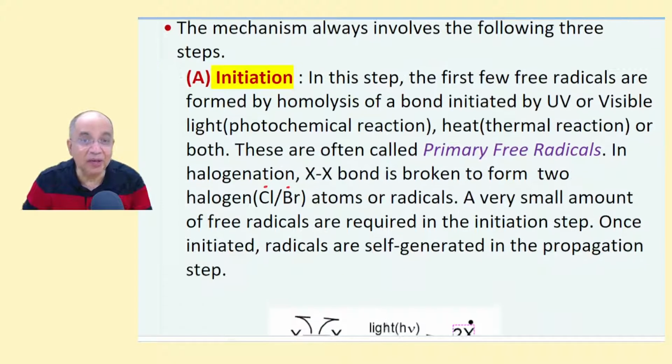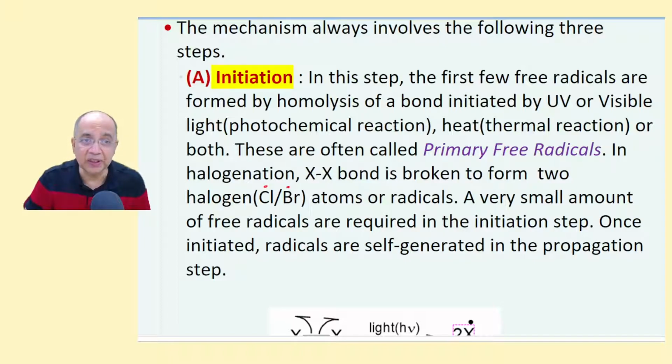Same thing happens. Let me read out. Follow me. In this step, the first few free radicals are formed. We need a few free radicals to start. Once started, no further initiation. PTI is not required. No further initiation is required.